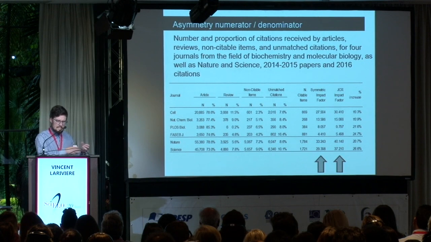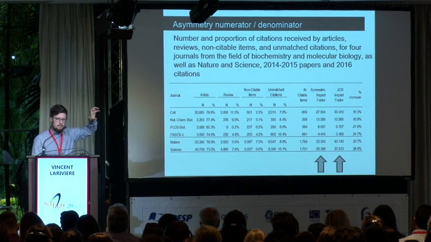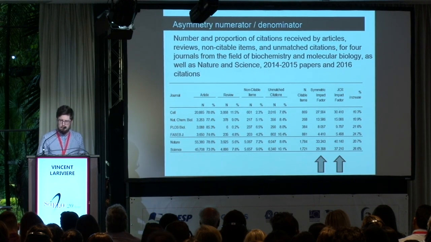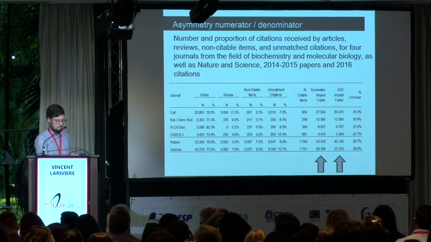So basically, that indicator has issues of calculation. It counts values in the numerator that are not in the denominator, which inflates the journal impact factor value.